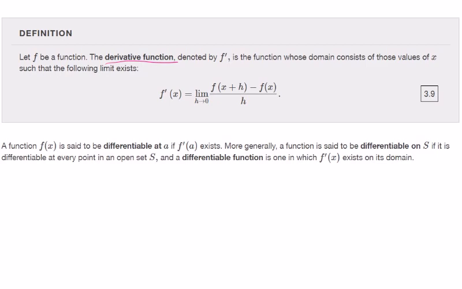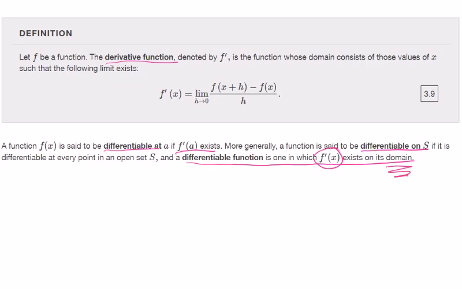Here we see that a function is said to be differentiable if the derivative exists at a point a. And if a function is differentiable on the entire function, that means it's differentiable on every point or every input value. A differentiable function is one for which the derivative exists on the entire domain.